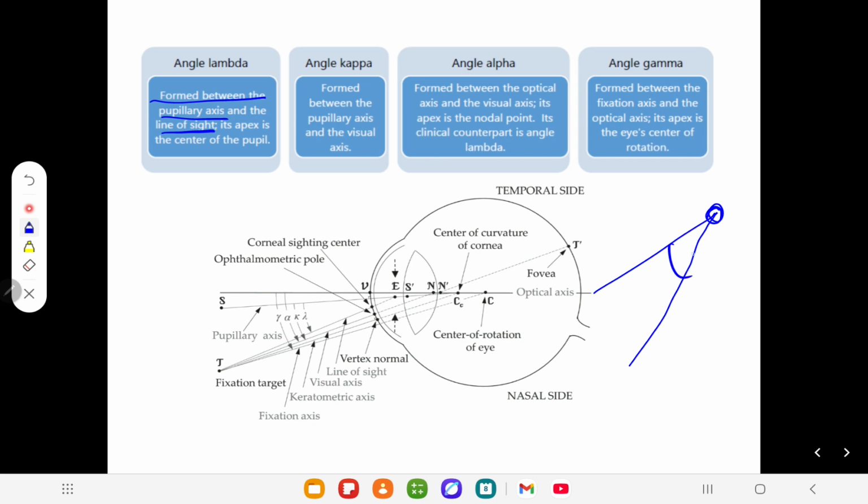So angle lambda means two axes and the apex where they meet. Whenever you hear lambda, it's about the pupillary axis and the line of sight, and the apex is centered at the pupil, meaning the center of the entrance pupil. So this is the pupillary axis, and another is the line of sight.